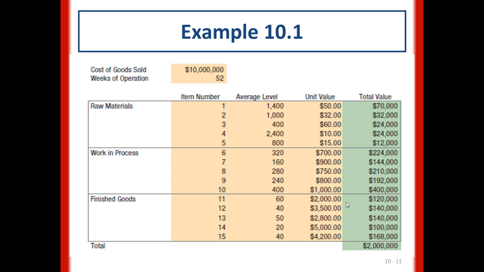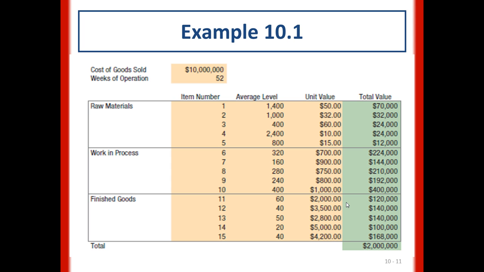For each item, when you multiply quantity with the unit cost, you will get the total cost of each item. Add it all together to get average inventory per year. In this case, it's $2 million.